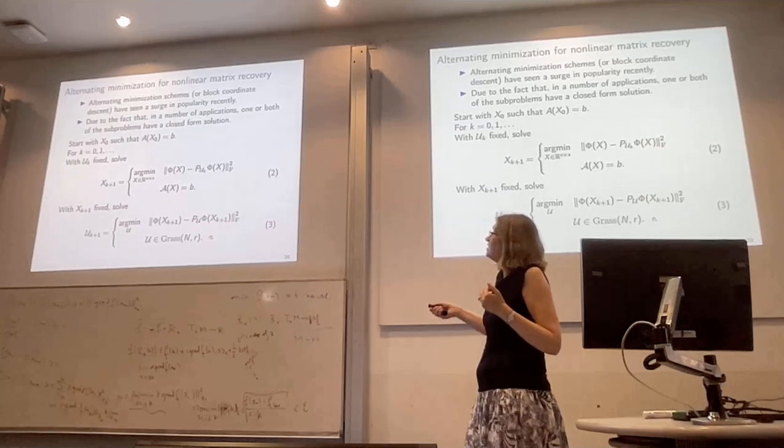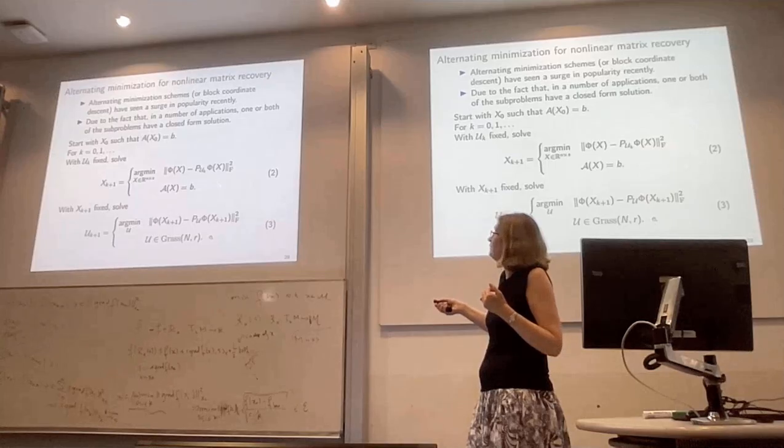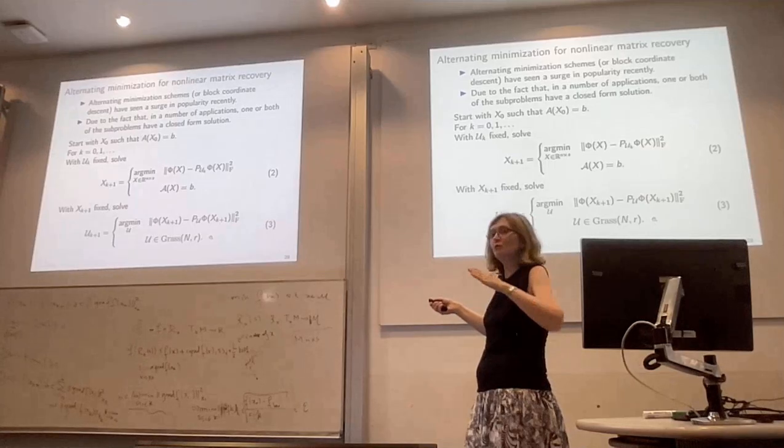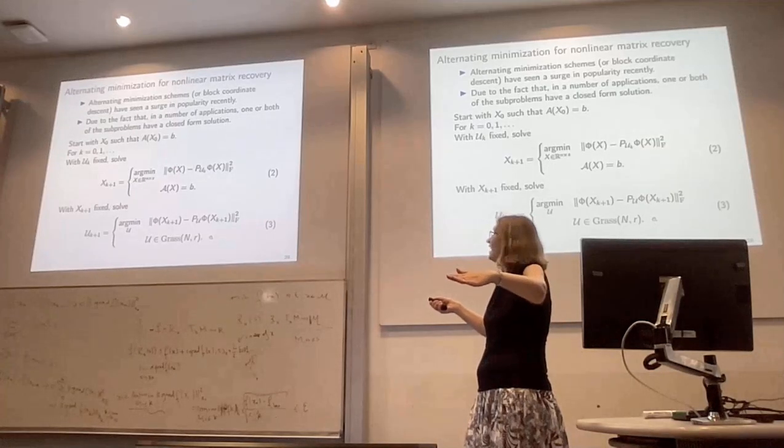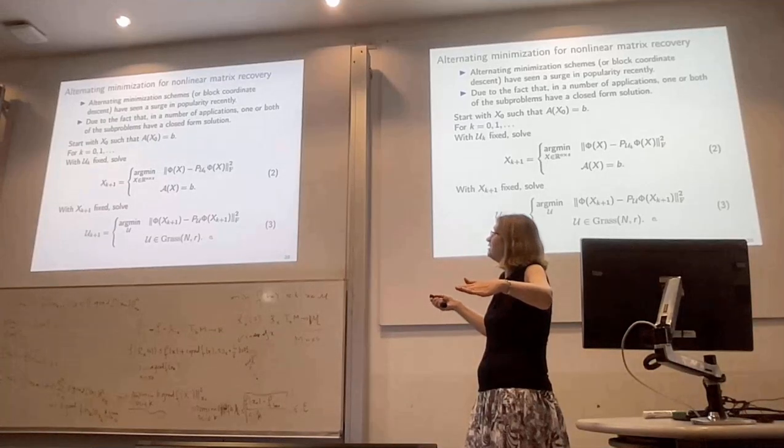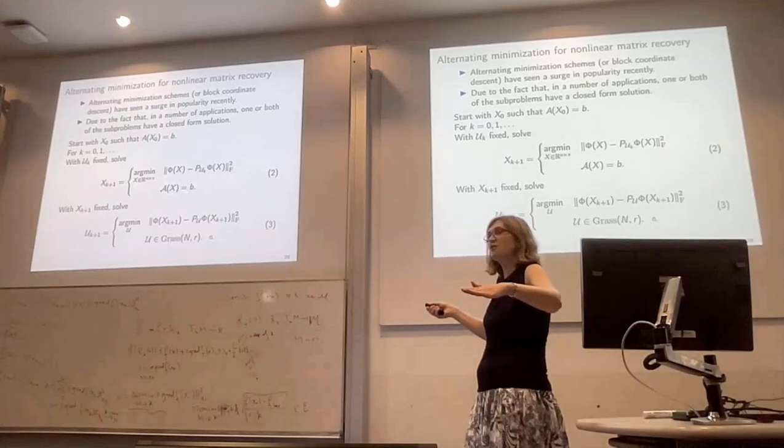What if I solve for x first? Fix u, fix the subspace you're in, and just find a better x: orthogonally project phi of x onto this given u, satisfy your measurements, find that point.